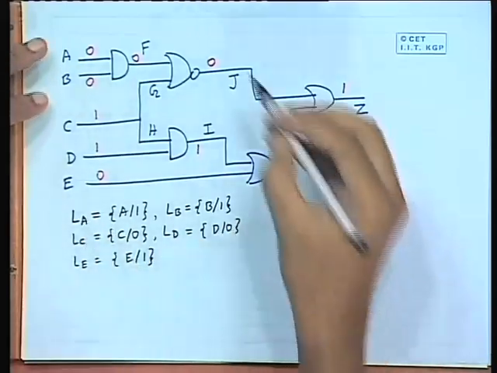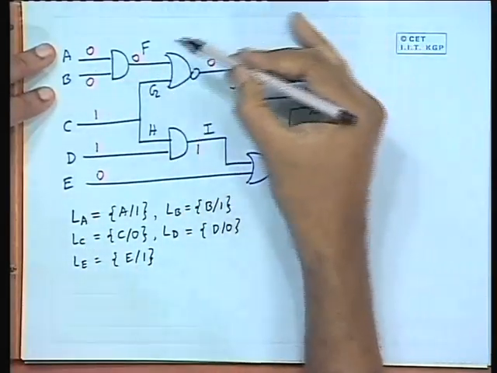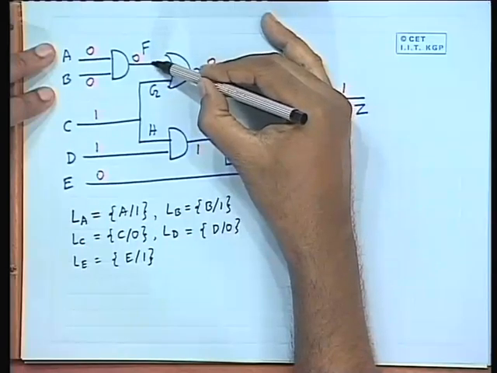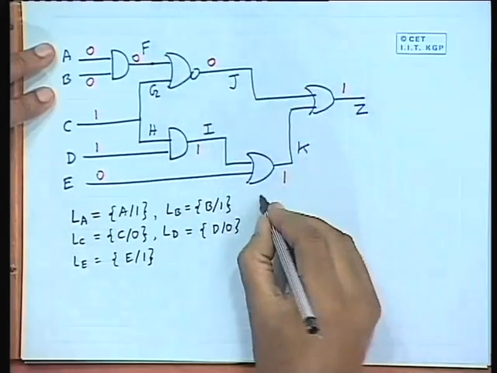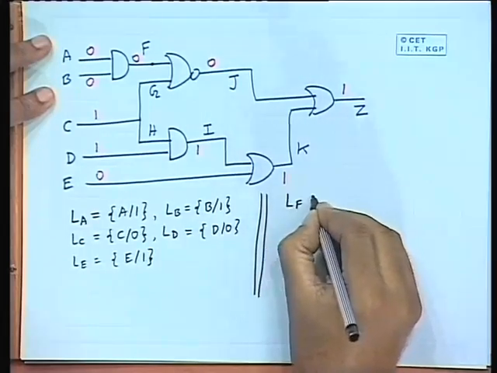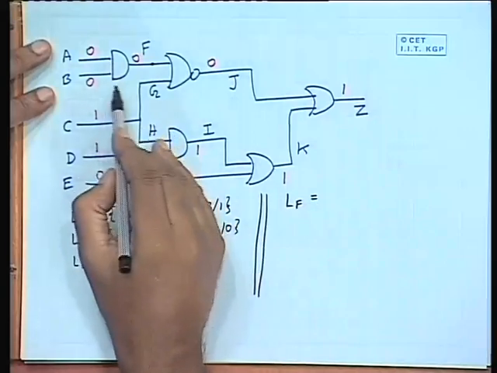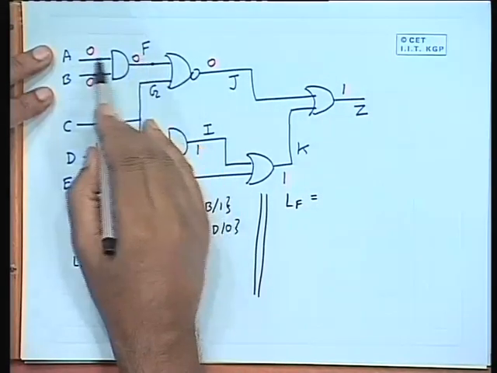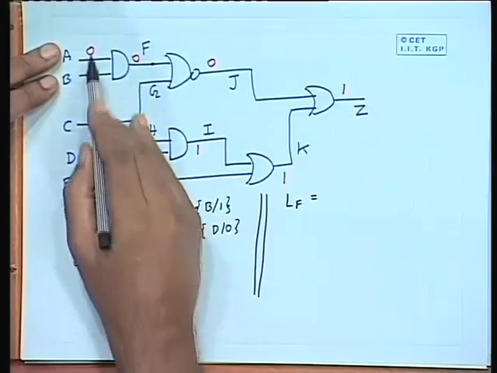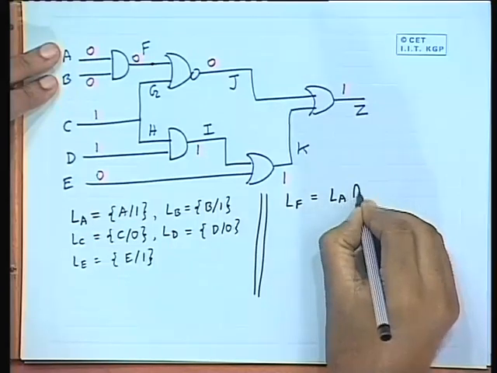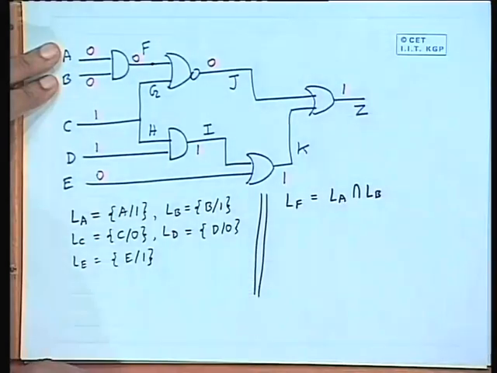Now, from these lists you can systematically go ahead with calculating the fault lists. For example, F, suppose I want to now calculate LF. See, this is an AND gate, output is 0. So, output can be 1 if both of the inputs change state. So, here the condition will be LA intersection LB.